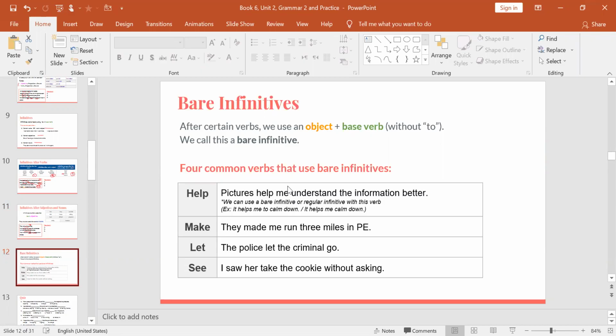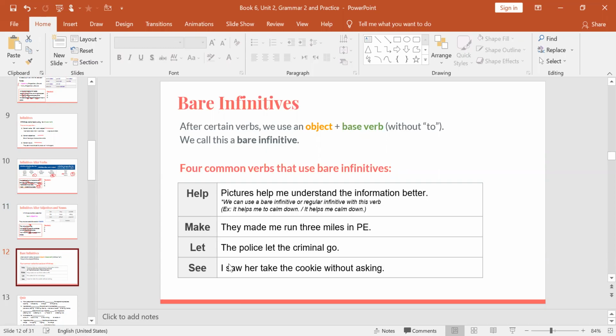Make, they made me run 3 miles. Let, the police let the criminal go. See, I saw her take the cookie without asking. Now, what makes this an infinitive, because it is, again, the verb in its basic meaning that is not conjugated.